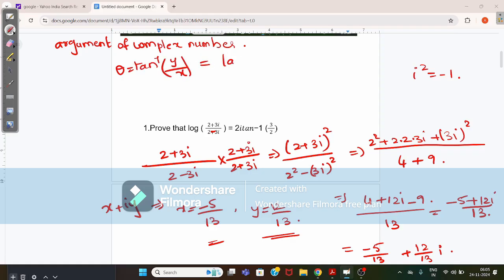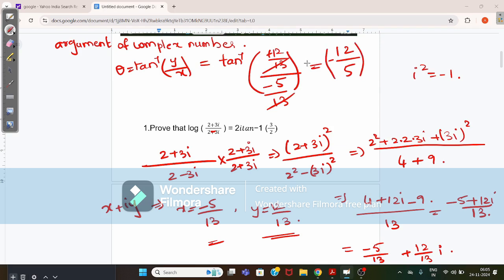Okay, that can be written as tan inverse of 12 by 13 over minus 5 by 13, where 13 gets cancelled out, giving tan inverse of 12 by minus 5. So we get the value of theta is equal to tan inverse minus 12 by 5.